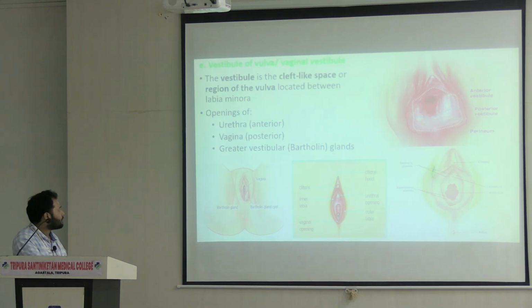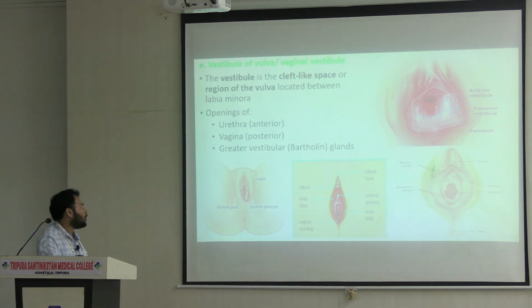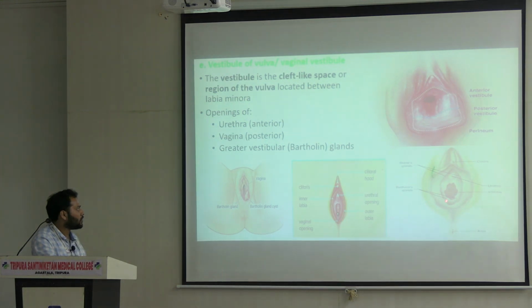Other than this, the vestibule also contains a special type of gland called the Bartholin gland. You can see from these structures the locations of the Bartholin gland, which is also a T-shaped structure.